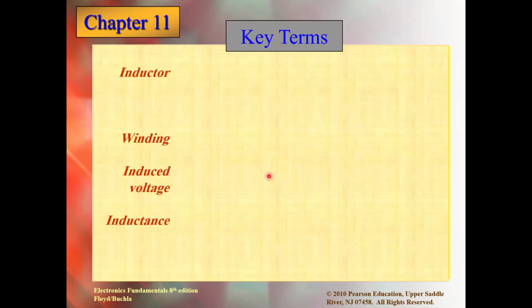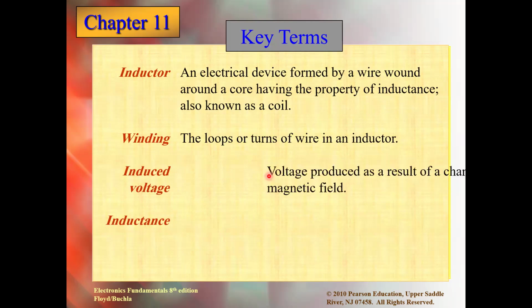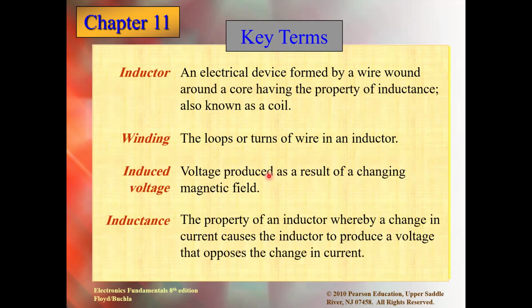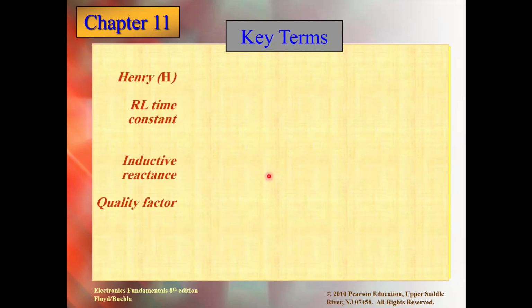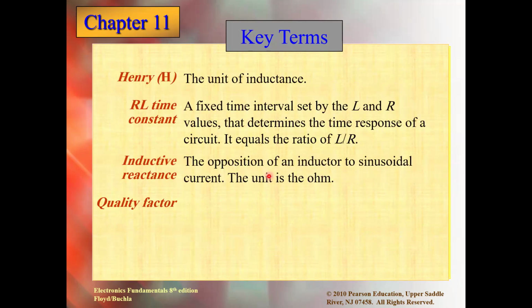So by this, we just completed this chapter. We have inductor, we have some definitions: winding, the loop of wire, voltage produced by the result of a changing magnetic field is called the induced voltage, inductance, and then Henry. So these are some keywords and definitions, and you can look and revise them.